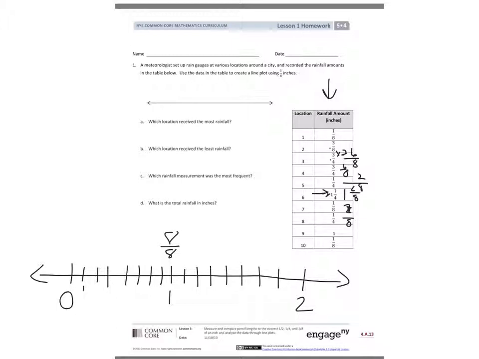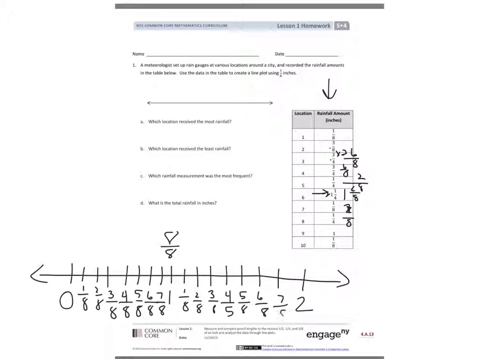So this is 1/8, 2 eighths, 3 eighths, 4 eighths, 5 eighths, 6 eighths, 7 eighths, 8 eighths, and then 1 1/8, 1 2 eighths, 1 3 eighths, 4 eighths, 5 eighths, 6 eighths, 7 eighths. And those all have that one whole number with them.